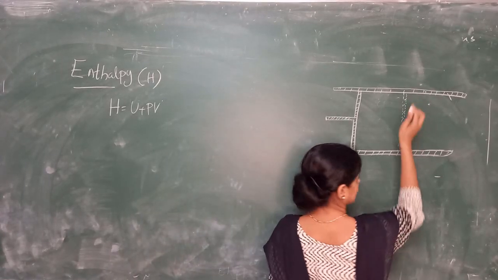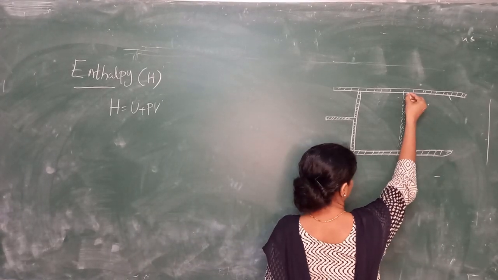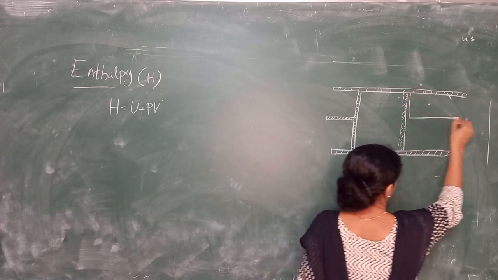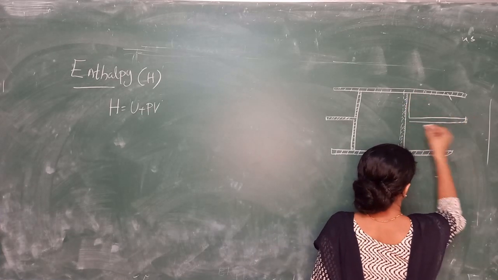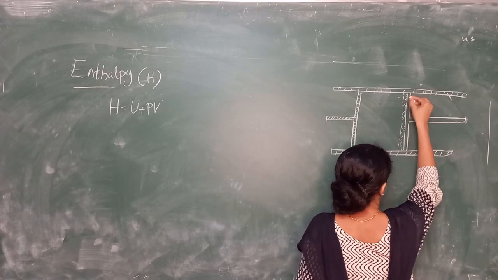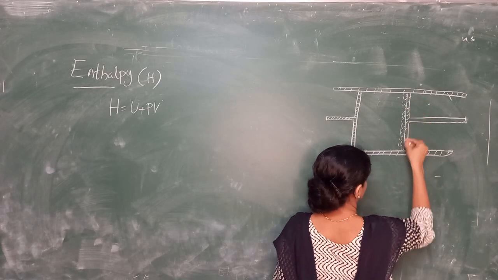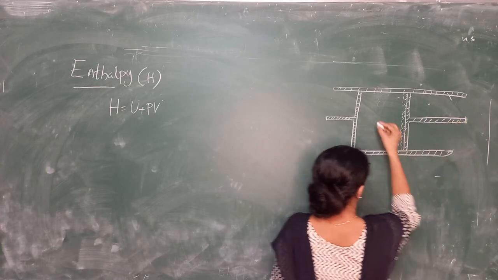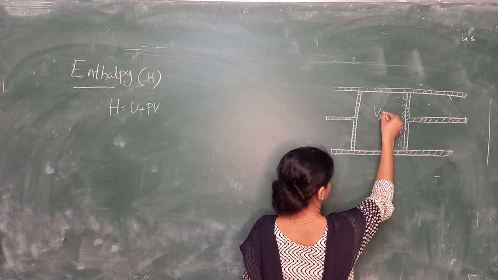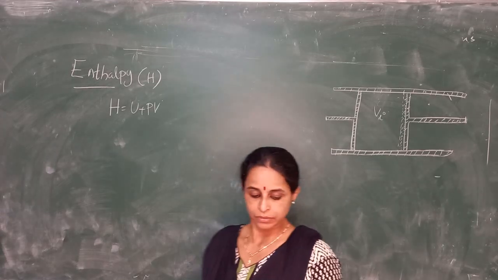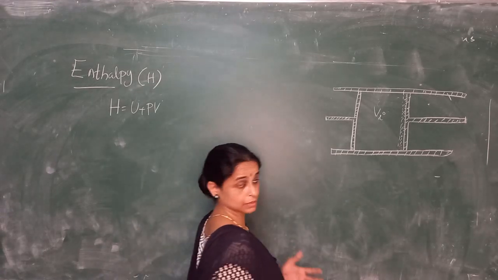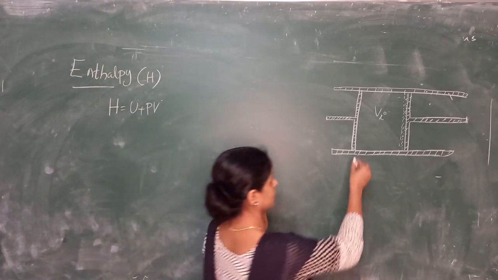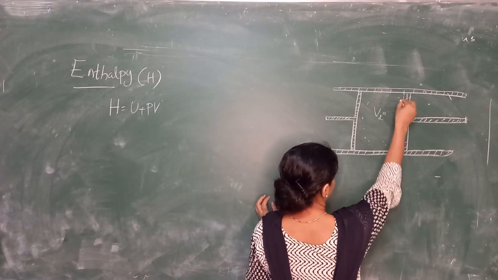Initially, attached to this wall, the second piston is there. This is also an adiabatic piston. The volume here is initially Vi. So there is gas here in the first chamber.